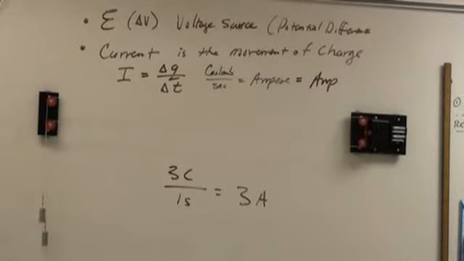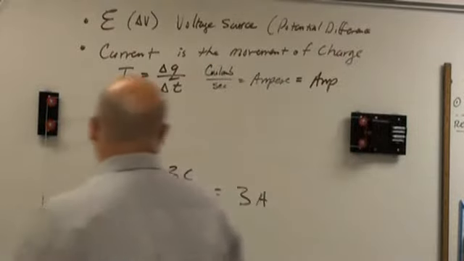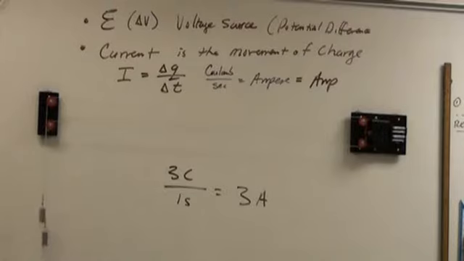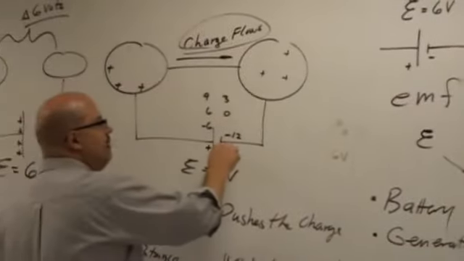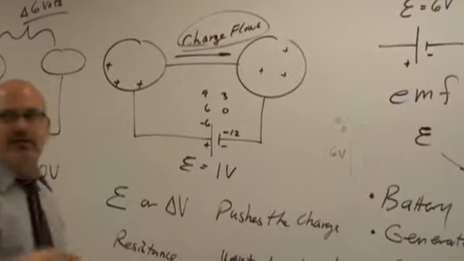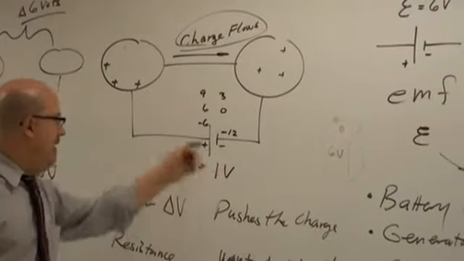Now, real quickly, the difference between direct current and alternating current. When you have a battery, we have what's called direct current, because this side of the battery is always positive and this side of the battery is always negative, or lower voltage than the other side.